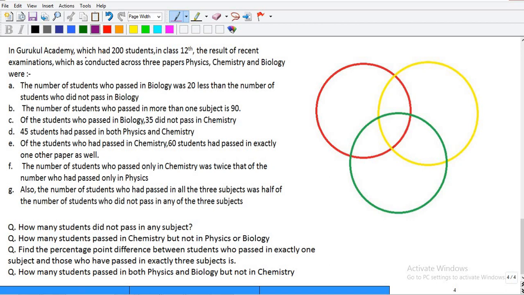It says in Gurukul Academy, which had 200 students in class 12th, the result of recent examinations, conducted across the 3 papers physics, chemistry and biology, were as follows. So I can say physics, chem and bio.